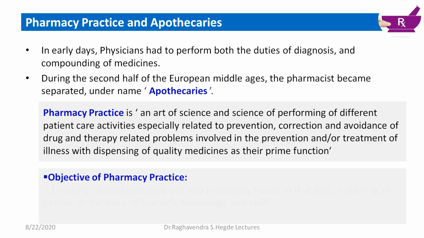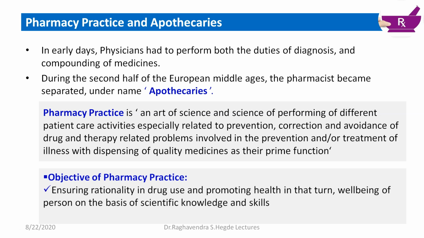Objective of pharmacy practice: the objective mainly includes ensuring rationality in drug use and promoting health and in turn well-being of the person on the basis of scientific knowledge and skills which the pharmacy practitioner possesses.